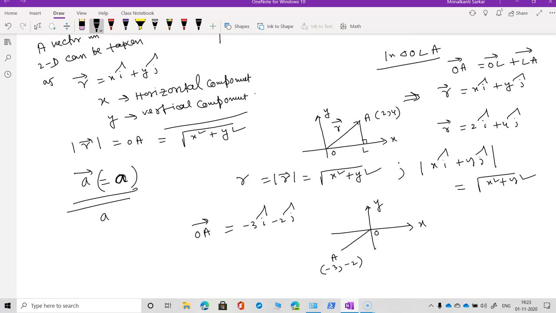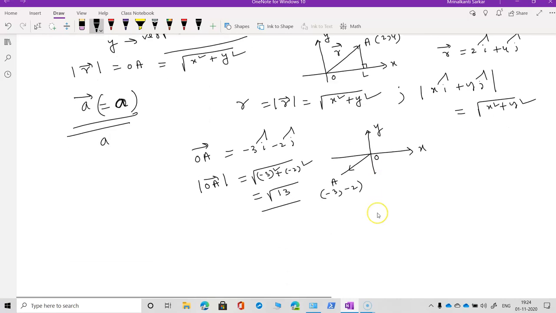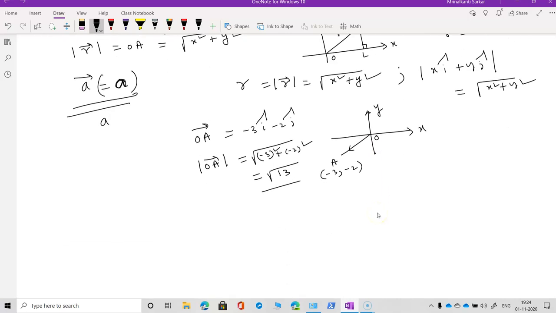Okay, this is the OA vector, and mod OA equal to what? So this is going to be equal to root 13. The magnitude of the OA vector is equal to root 13. I mean the length of the vector OA is root 13.